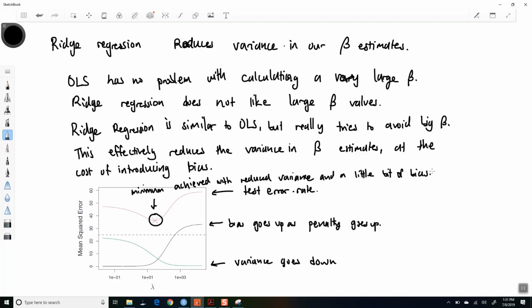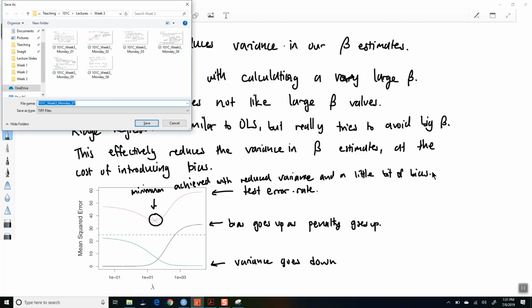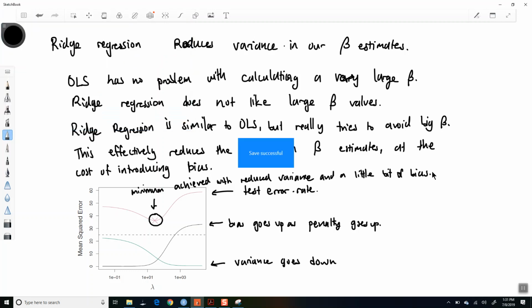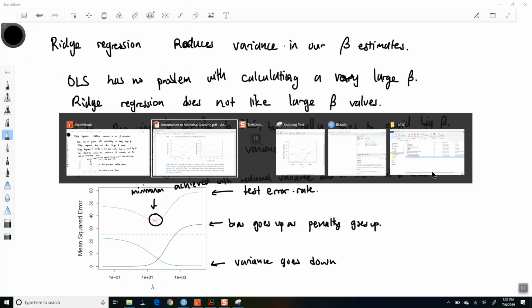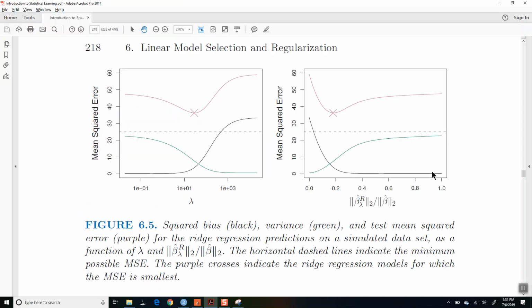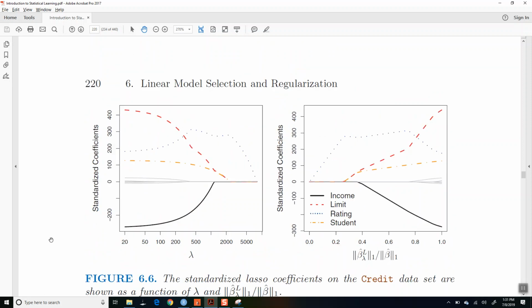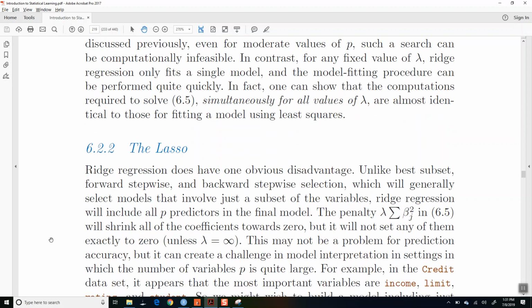Okay, is that all right? Ridge regression? All right. So ordinary least squares regression is great, but ridge regression can outperform it in some cases by reducing the variation. Okay.